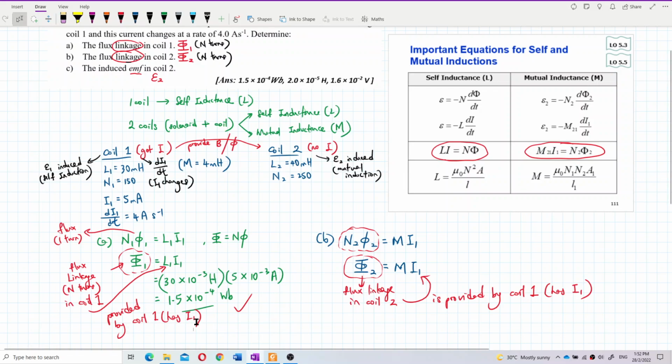Coil 1 has current I1. It provides flux linkage for its own coil, and also provides flux linkage in coil 2.